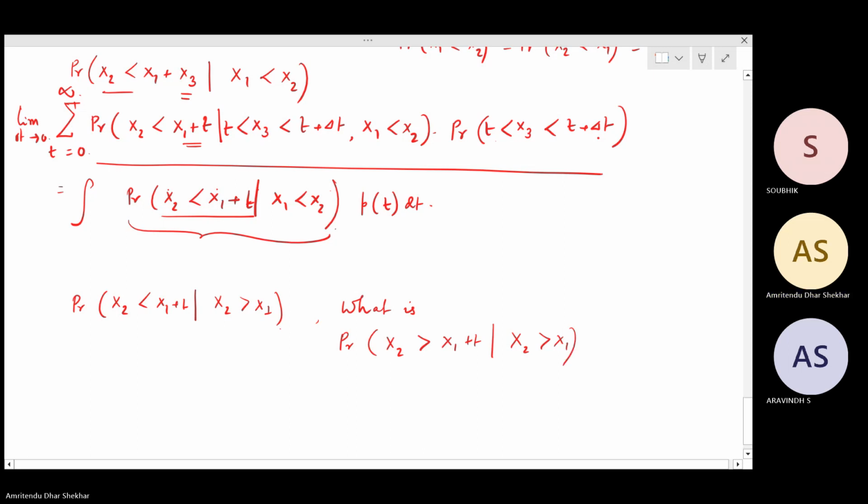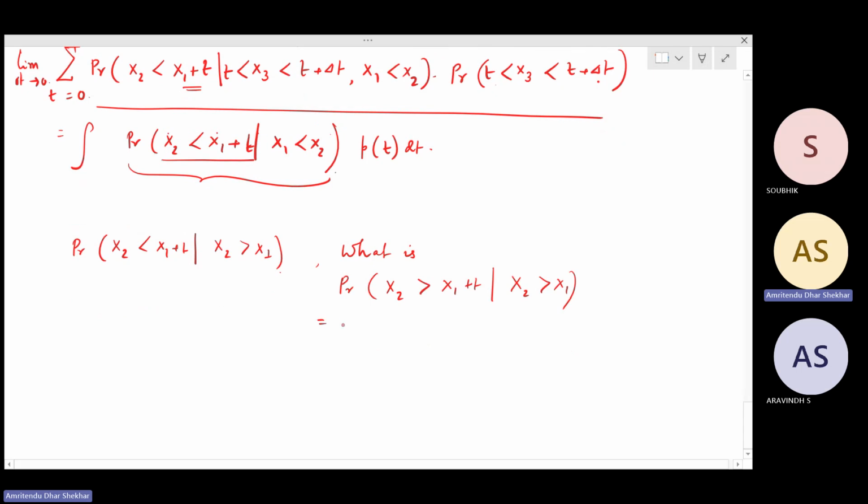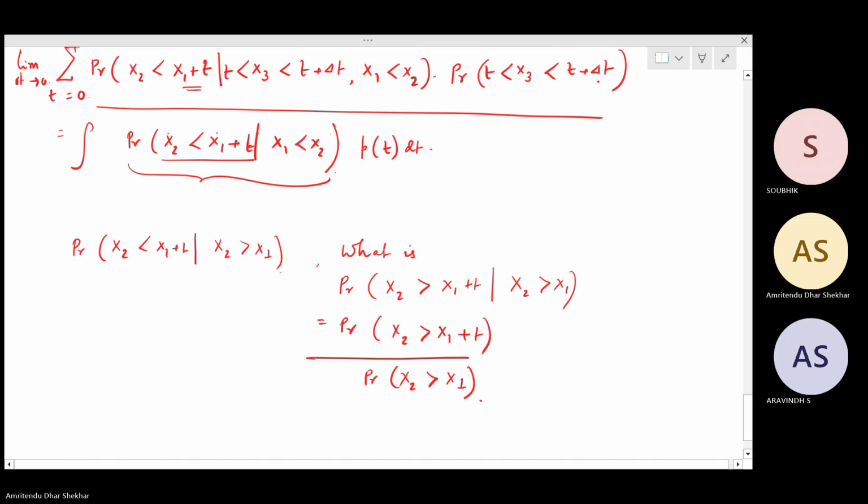This is the complement, right? So this is equal to the probability of x2 greater than x1 plus t divided by the probability of x2 greater than x1. I hope it's clear why we get this, right?